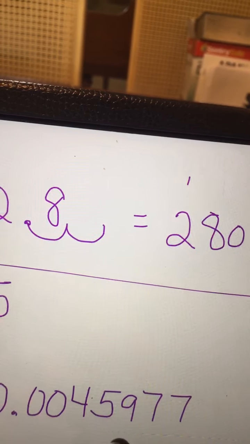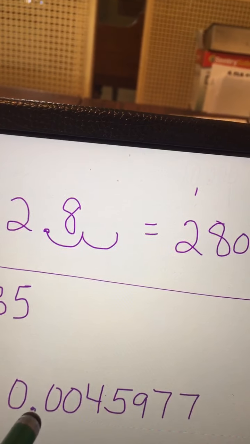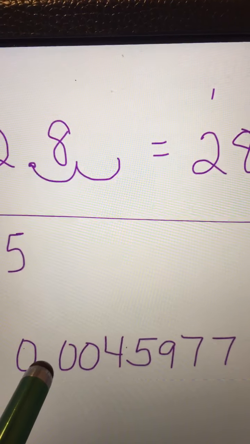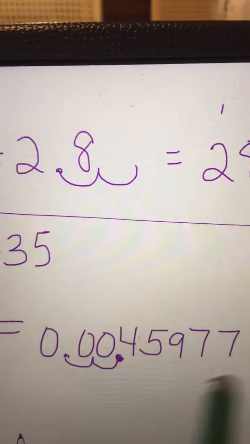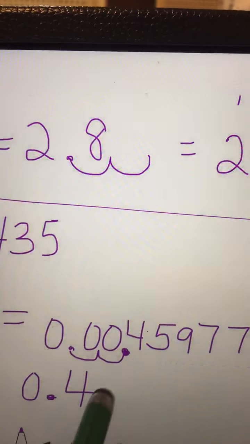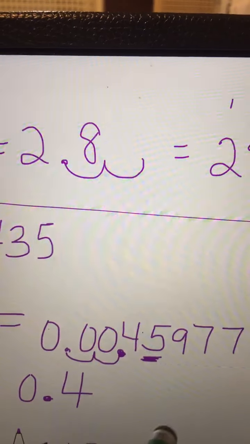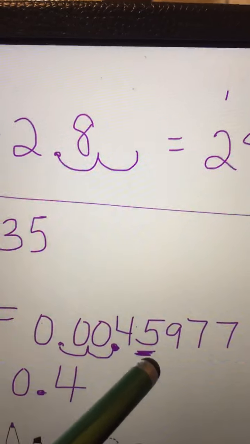Okay, and because percentages are normally just in the hundredths place, this is what we're going to do. We're going to move our decimal point over 2 places to the right. 1, 2. Now, this number is going to be in the hundredths place.